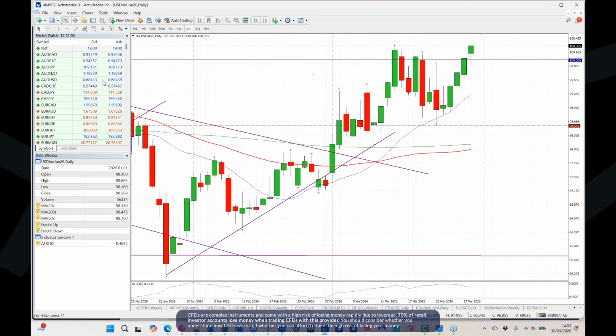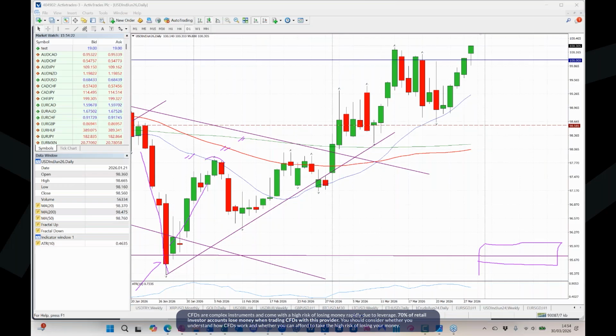I've got the 20, 50, 200, and what we can see is we flushed down here. This was actually the levels of the previous year, 2025. I think this is when we had the FOMC meeting, and you can see price popped up there and bounced off it. But where did it stop?